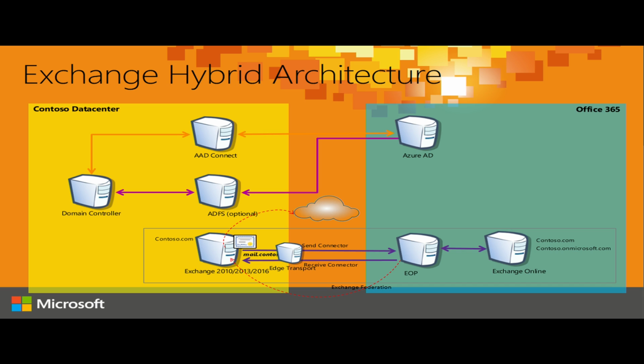Can edge transport be replaced by a third-party solution? Third-party SMTP? Great question. Yep. From a Microsoft supportability perspective, that endpoint coming from EOP to Exchange has to be Exchange 2010 SP1 or higher. If you've got a third-party solution there, like IronPort, for example, that's not supported by Microsoft, but it may be supported by the third-party vendor.